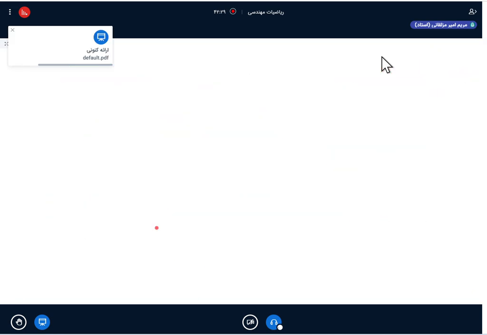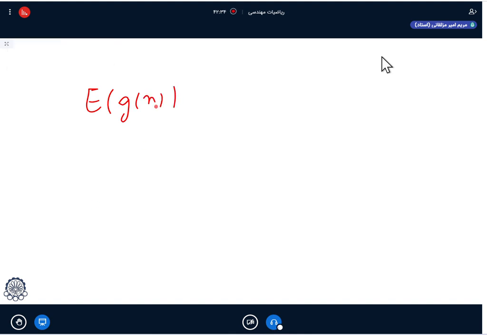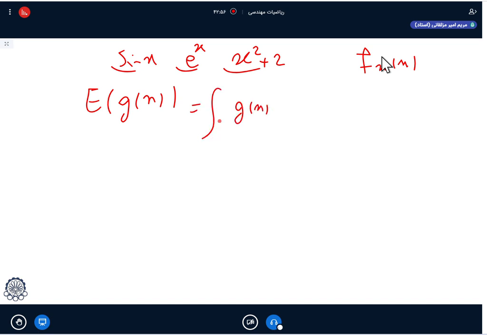It means that if we want to compute the expectation of any function of x, for example, sine x, exponential x, or x squared plus 2, any function of x, when we have the PDF of x, it's enough to multiply this function by the PDF and integrate from negative infinity to positive infinity.